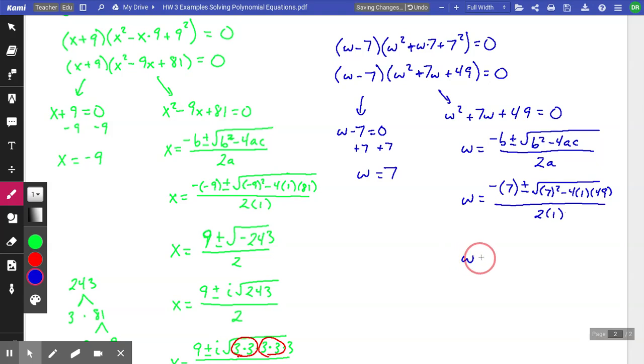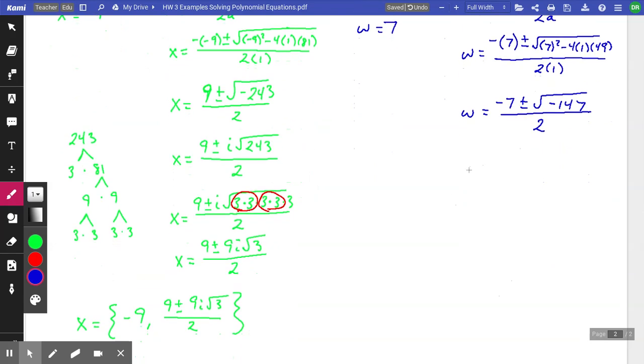Simplifying that, we get w equals negative 7 plus or minus the square root. Again, type all of this into a calculator. Don't use the square root sign, but do use parentheses just to be safe here. And in this case, I get negative 147. So a negative number like last time, meaning we're going to get imaginary solutions. And actually, this trinomial is always going to give us imaginary solutions. Our denominator is just 2.